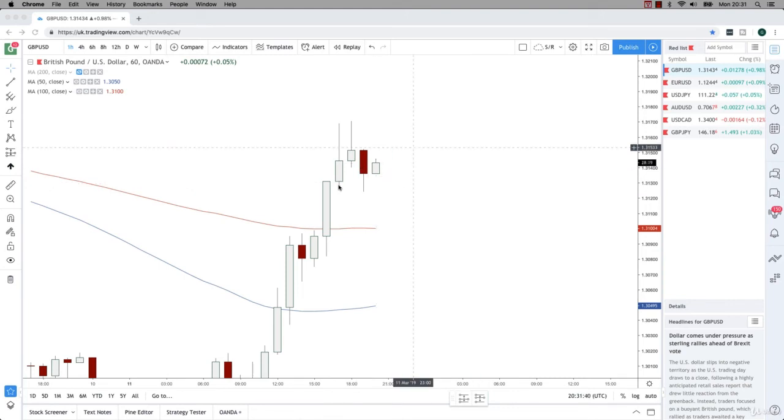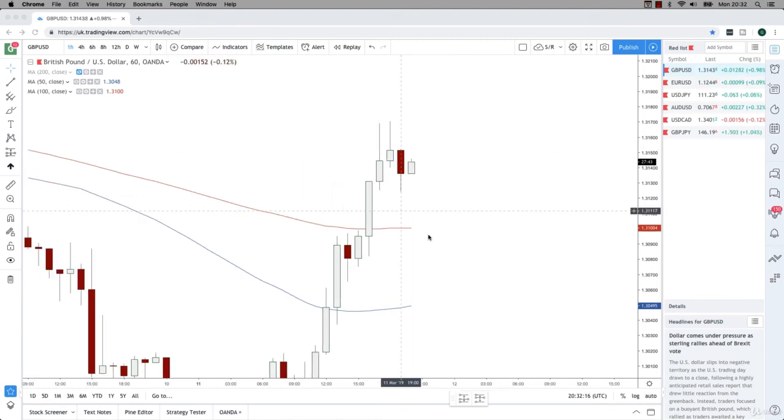And the previous candle, it opened here and closed here, which means sellers were in control of this candle. So this is an hourly chart, so during this hour sellers were in control, and at some point sellers managed to push price down to this level, but buyers rejected and pushed price back up.